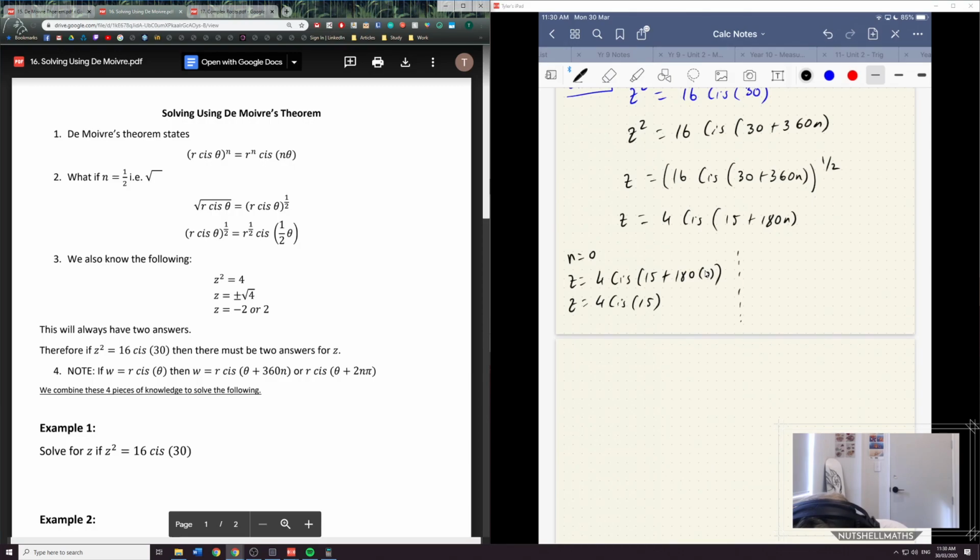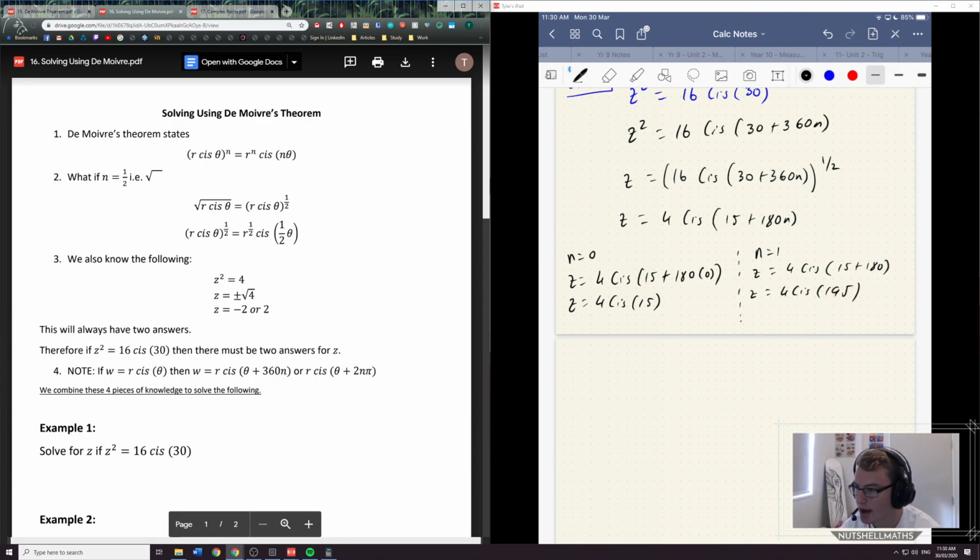And what I might also do is say, well, if n is 1, if I'm doing one positive loop, let's see what happens. Z equals 4 cis 15 plus 180. Z equals 4 cis 195.